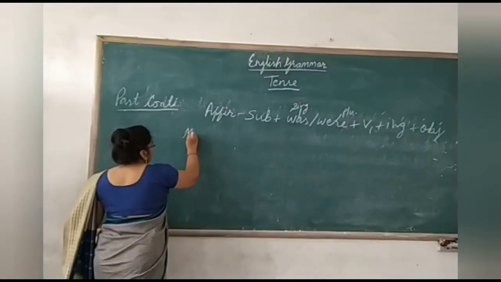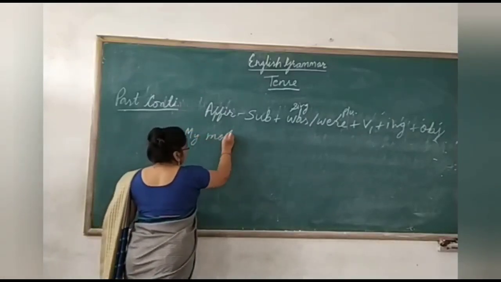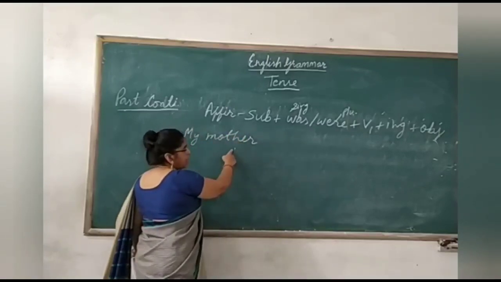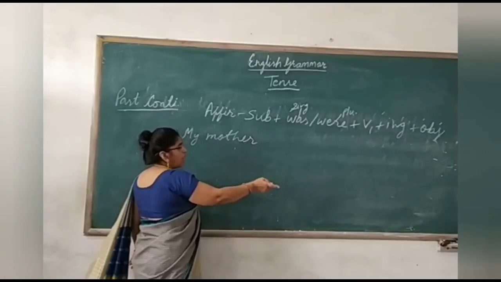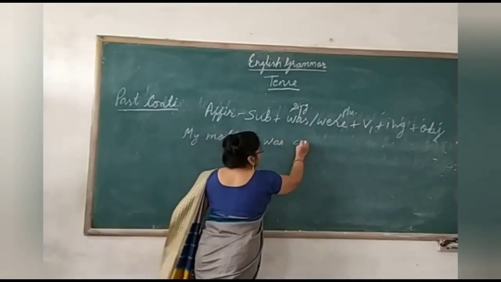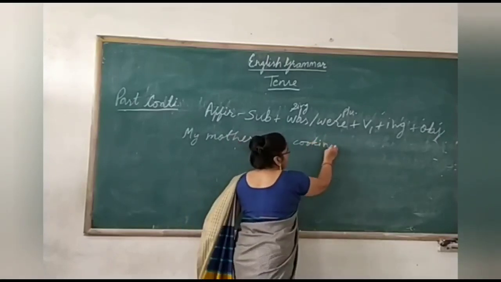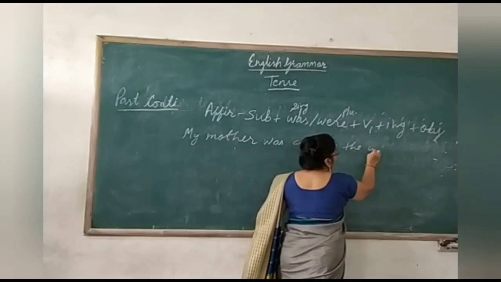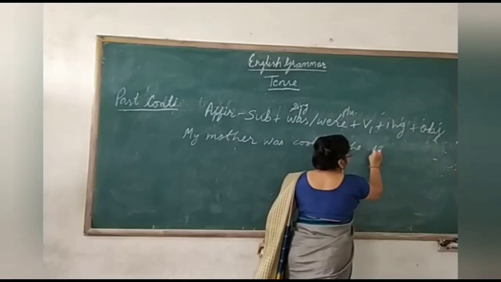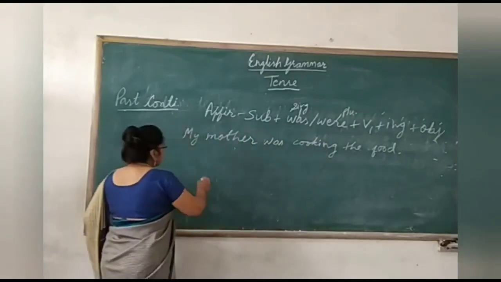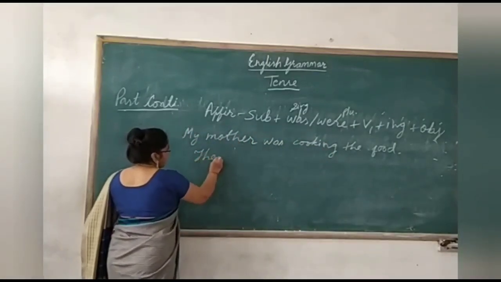Suppose my mother. Subject we have written my mother. My mother is singular. What will you select? Was. The verb is cook. What you will add? ing. What will be the object? The food. Done? Now the next sentence. They.